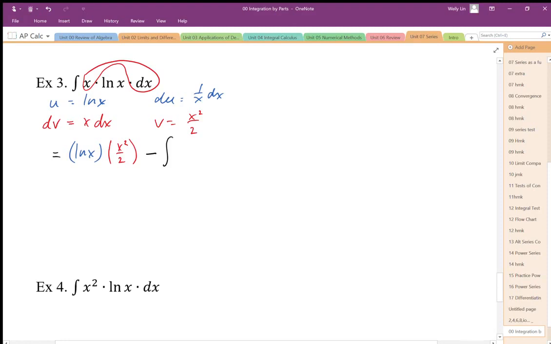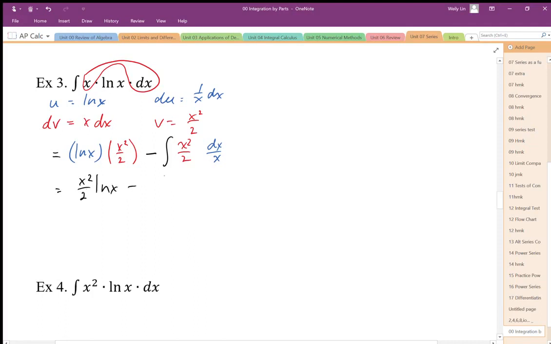Okay, so I'm going to combine those together to v du. Well, I'll just write it out separately for now. So I'm going to have my v times my du. It's going to be dx over x. Okay, I can simplify that expression, and this new integral is definitely easier than the one I started with.